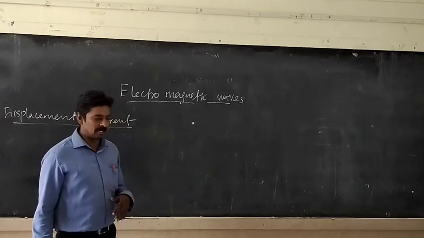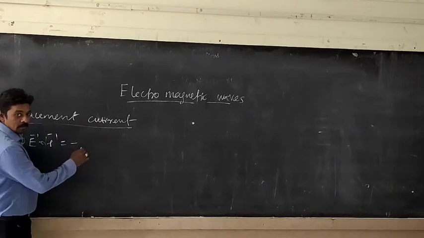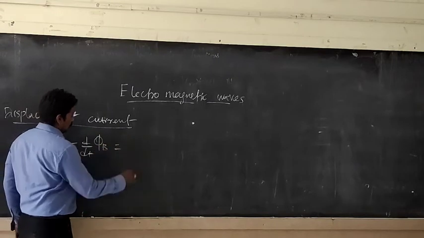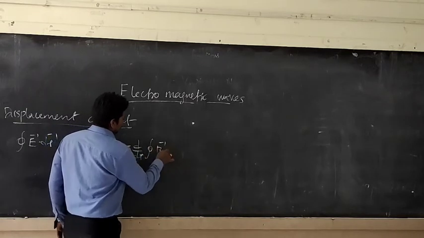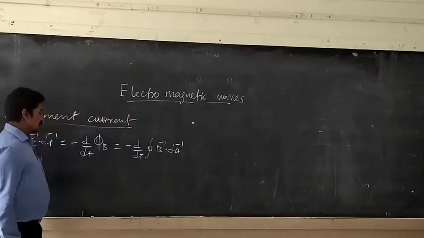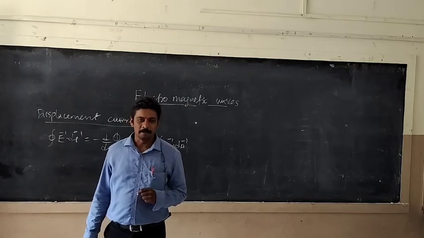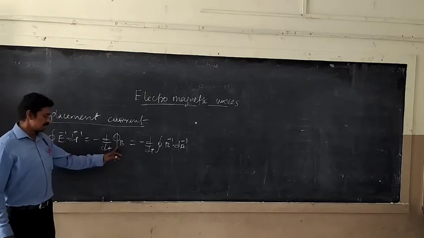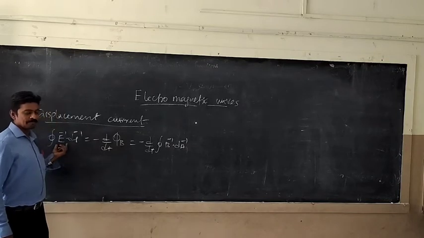We can see this mathematically: closed integral E vector · dl vector is equal to minus d by dt of phi_B, which is equal to minus d by dt of closed integral B vector · dA vector. An electric field is induced along the closed loop by the time varying magnetic flux.